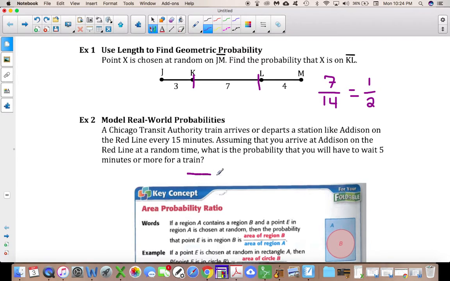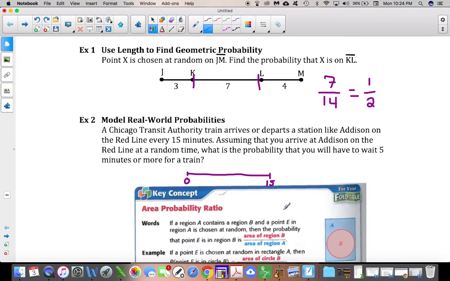Okay, so I'm going to put this as a line segment here, and if we just think about what's going on with this scenario. Worst case scenario is I show up to get on the train, and the train is leaving basically. If that happens, I'm going to have to wait 15 minutes for another train to come.